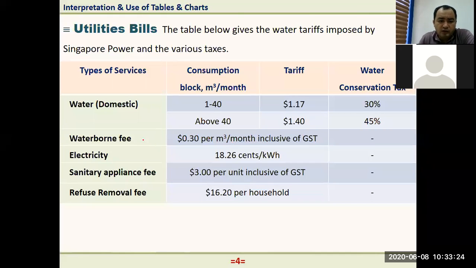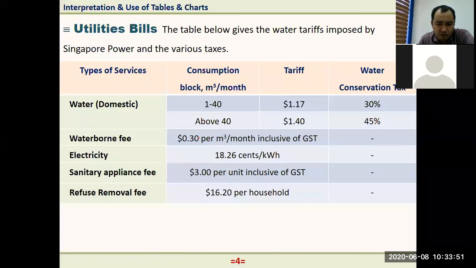Next one, waterborne fee. Waterborne fee is maybe the company's, right? In the first step, they are charging for water. To bring water to your house, they have to install a lot of pipes, dig the ground, and they also have certain expenses, right? And also the pipes get old in a few years. Every maybe 5 or 10 years, they have to renew it, replace it with a new one, right?